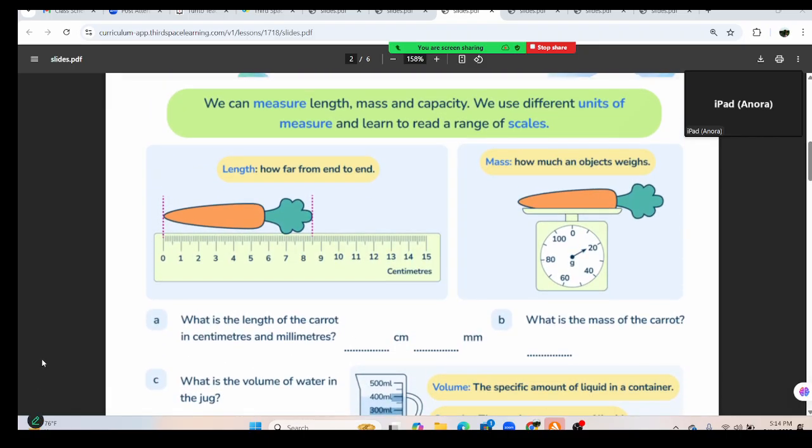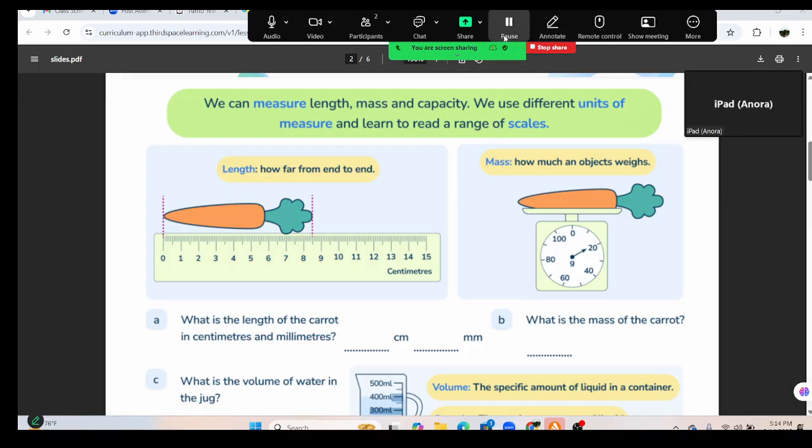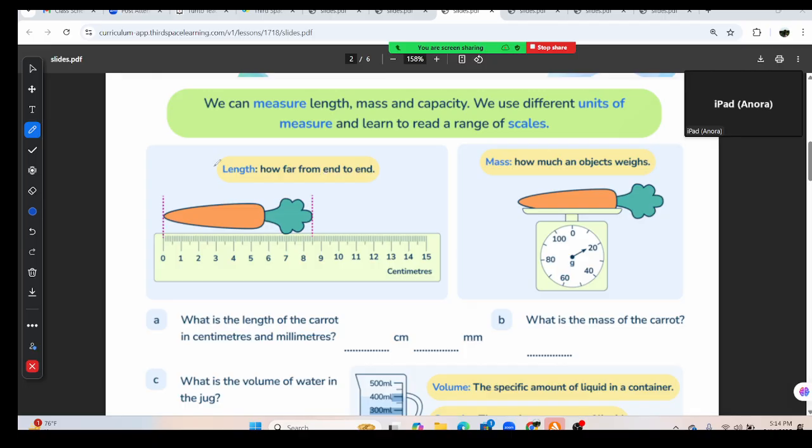Let's suppose it asks you what is the length of this carrot in meters, when it is 8.5 centimeters. Not 8 meters 5 centimeters, because 1 meter is not 10 centimeters. 1 meter is 100 centimeters, right?